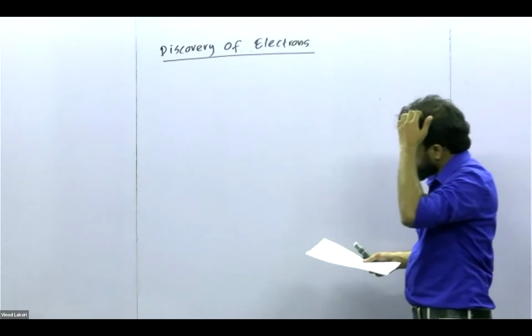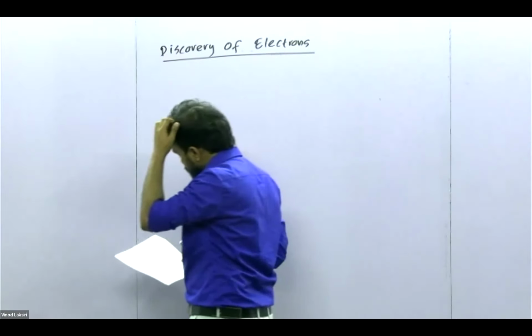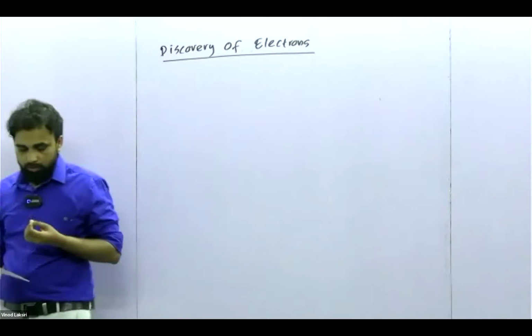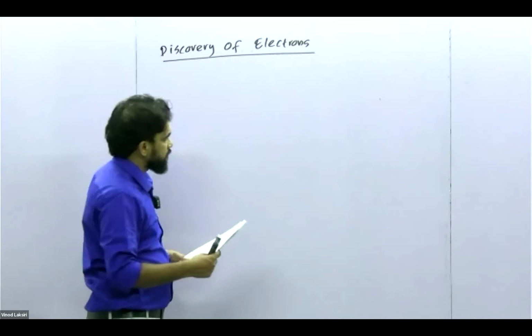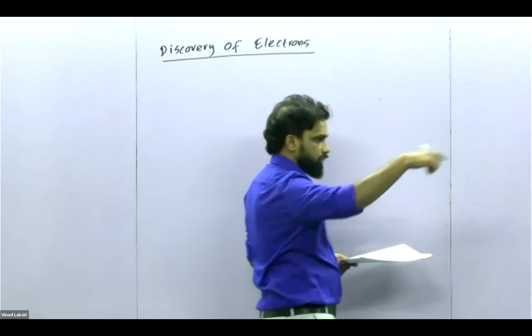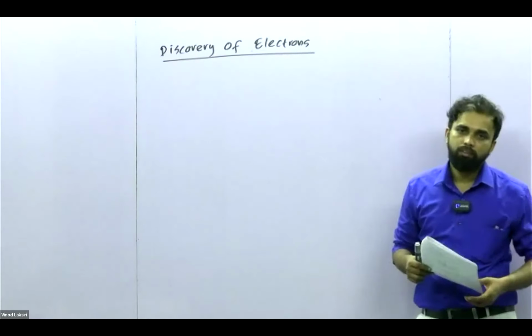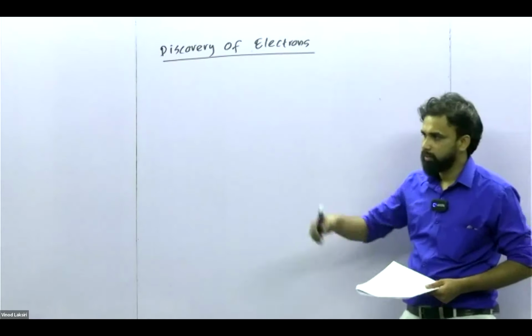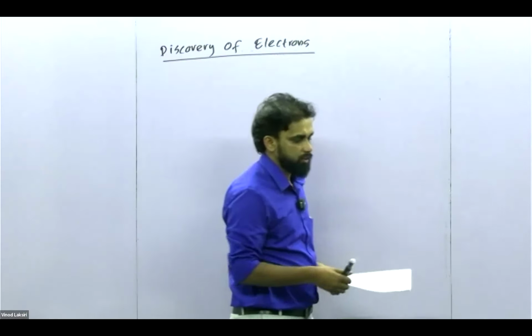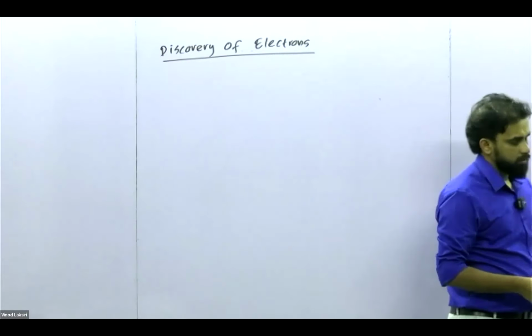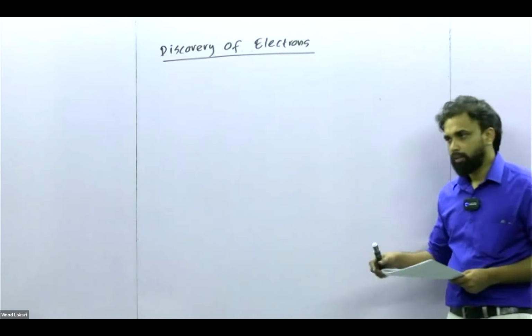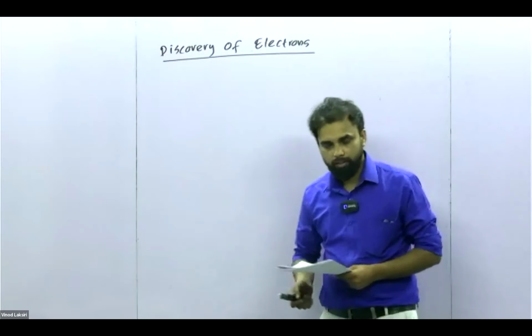Right. So early scientists found electricity, right? That means from a wire or metal, electricity can be conducted. Then they tried to study how this current is conducted by a metal and some other materials.